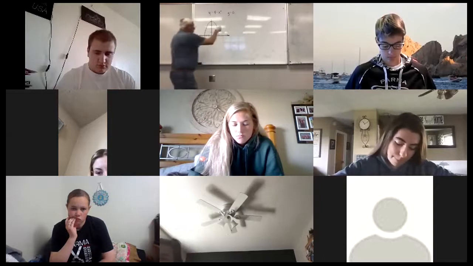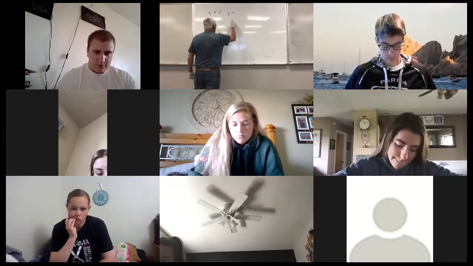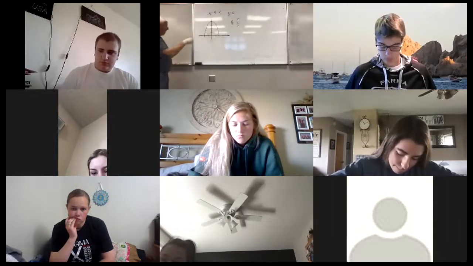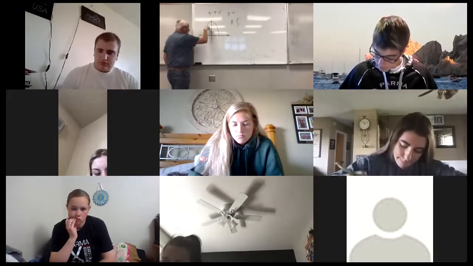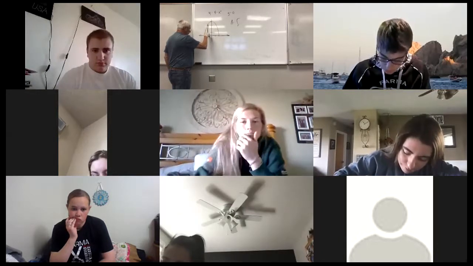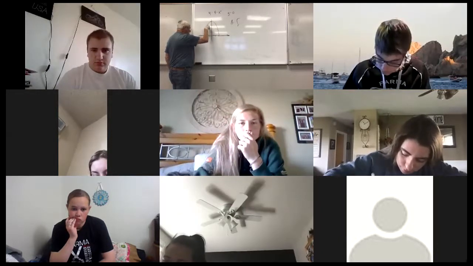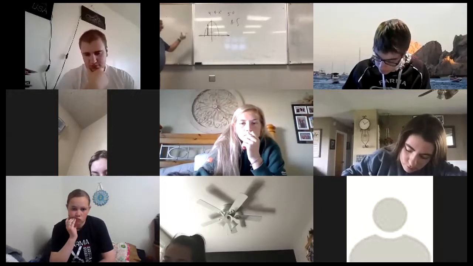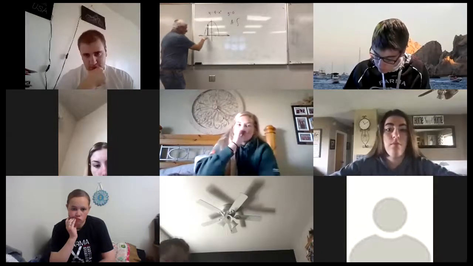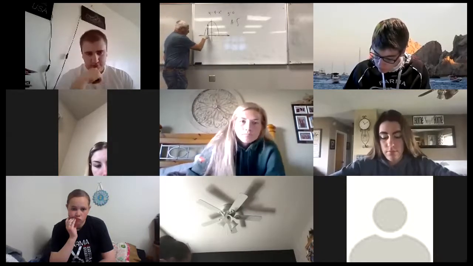Okay? So if we find the area, we're going to integrate, and we're going to have one rectangle here. This one rectangle has a base and a height. The base is how wide this is.